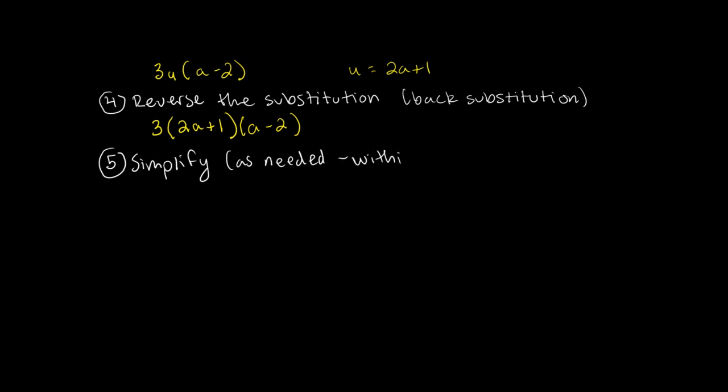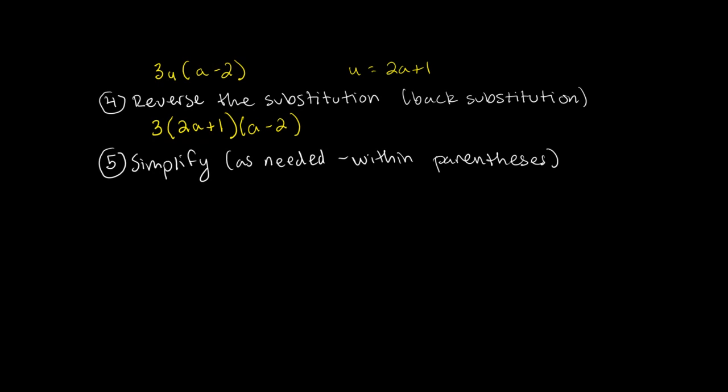And that is specifically within the parentheses. The whole point of factoring is to turn things into things multiplied together. So when we simplify after we plug things back in, we only look within the parentheses. We don't multiply it back together because that undoes what we're trying to do.